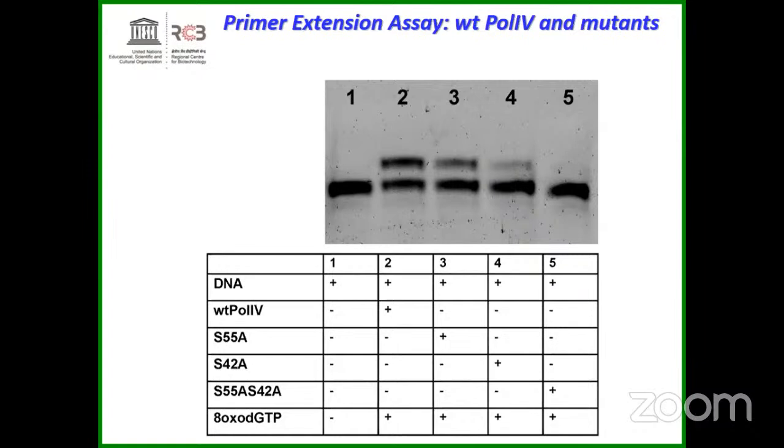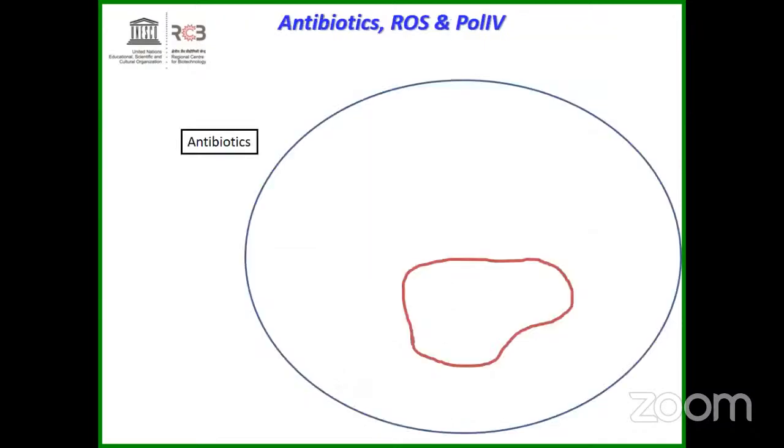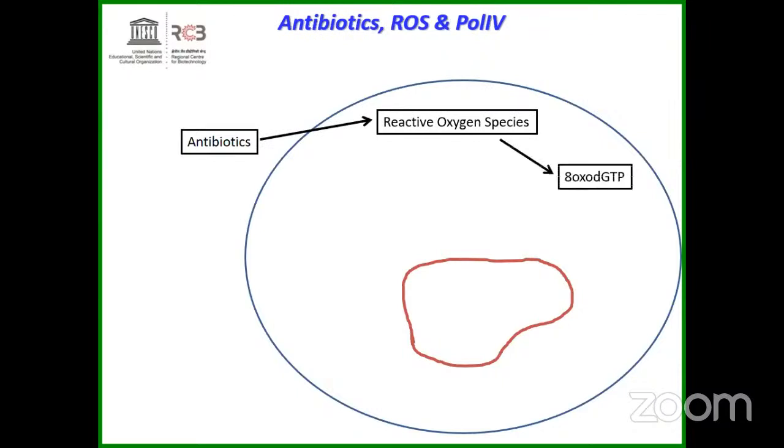But there were other papers which didn't agree with this observation. So what we were able to do is this: the hypothesis is that when you treat bacteria with antibiotics, reactive oxygen species appear. They give rise to 8-oxo-dGTP. This 8-oxo-dGTP is incorporated into the genome by Pol4, and that ultimately leads to double strand breaks in the genome, and that leads to death of the cell.